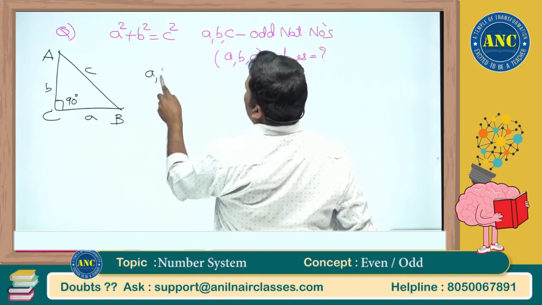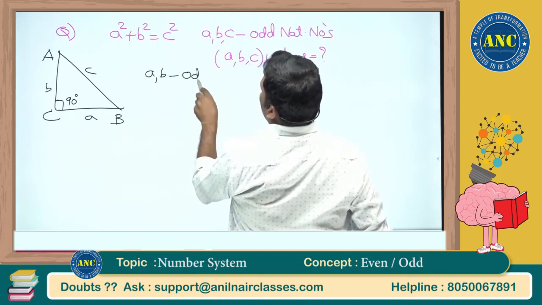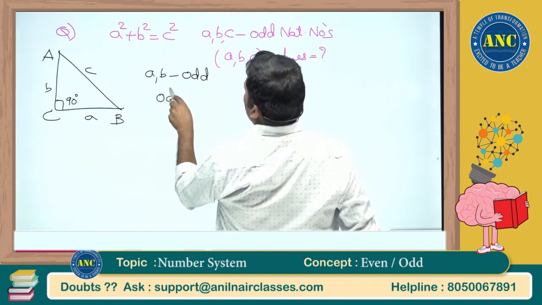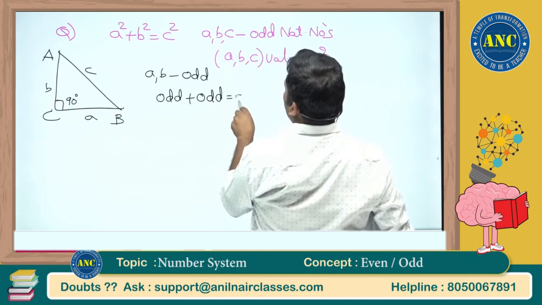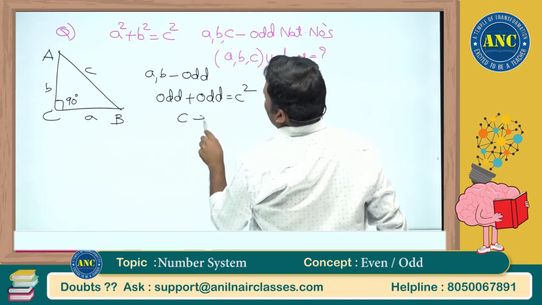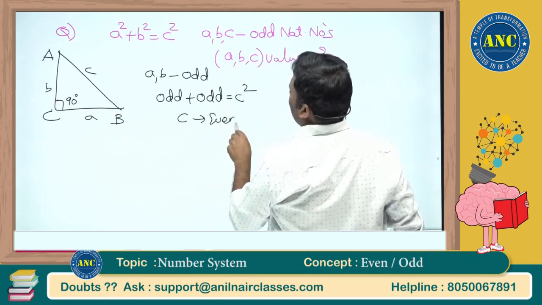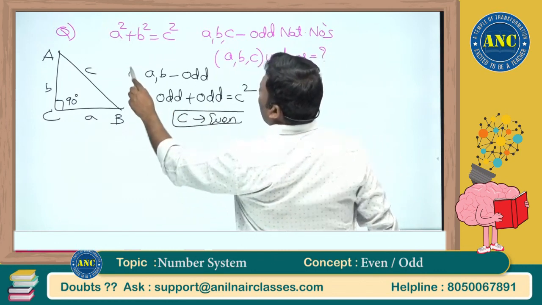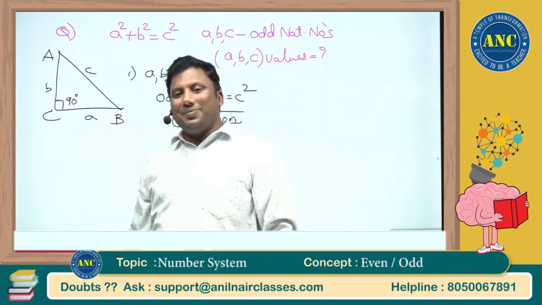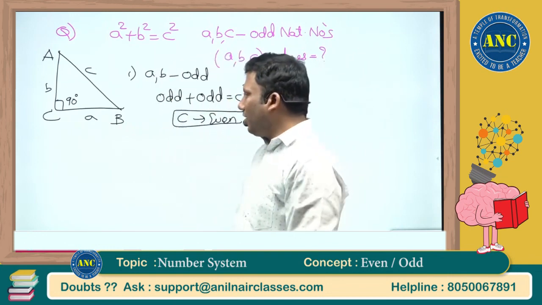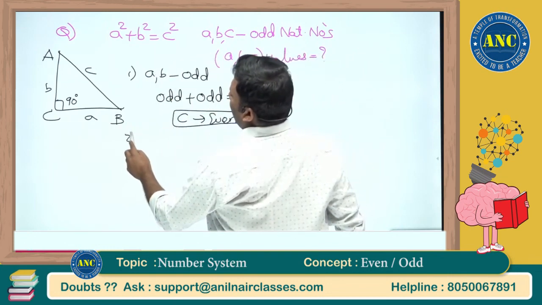If A and B are odd, odd plus odd is even, so C square is even. That means C has to be even. When A and B are odd, an odd number squared is odd. First case, not possible.